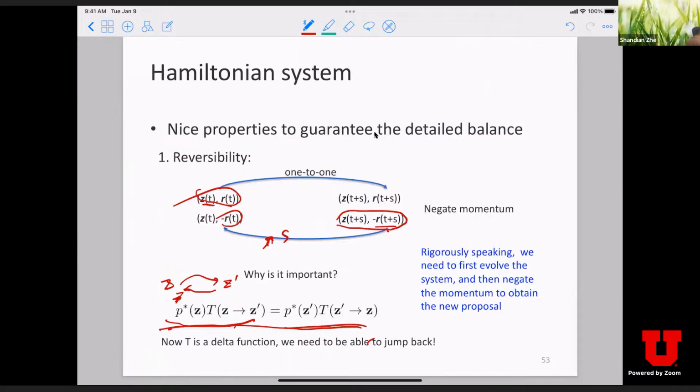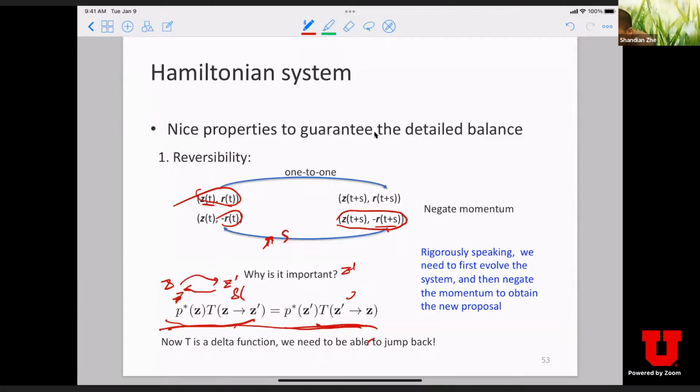That's where we can see why it's important here. If your system cannot guarantee that it can reverse, that it can go back, then it means if you start from Z prime, it might never be able to go back to Z. Then this term will be zero, and you won't have detailed balance satisfied. Does it make sense? By the way, this is a deterministic procedure, and this is actually a delta function.